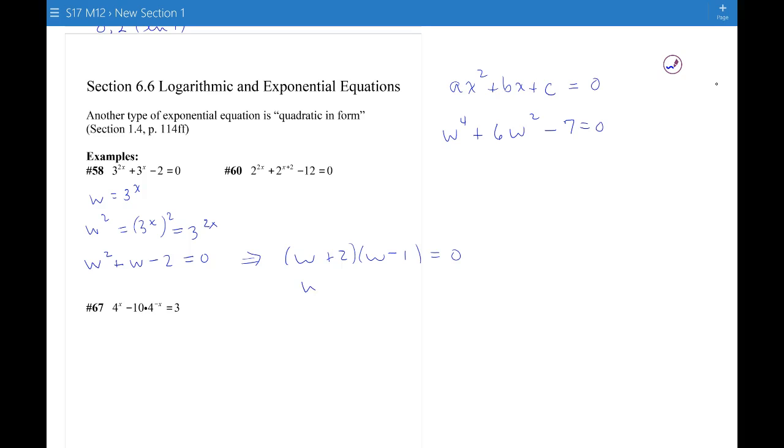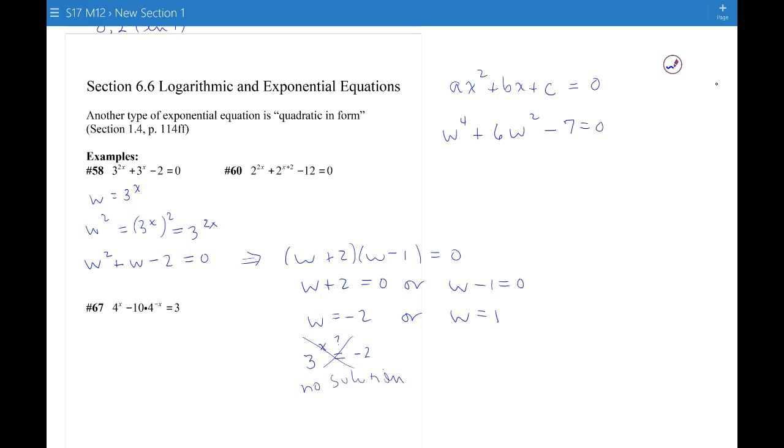And then we use our zero product property and say w plus 2 equals 0 or w minus 1 equals 0. So w equals negative 2 or w equals 1. Well, w is 3 to the x. So can 3 to the x ever equal negative 2? There's no solution to this.